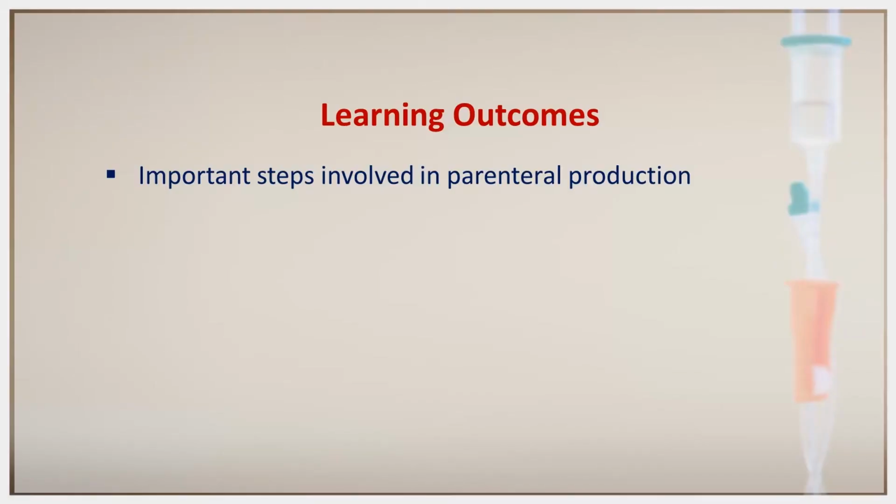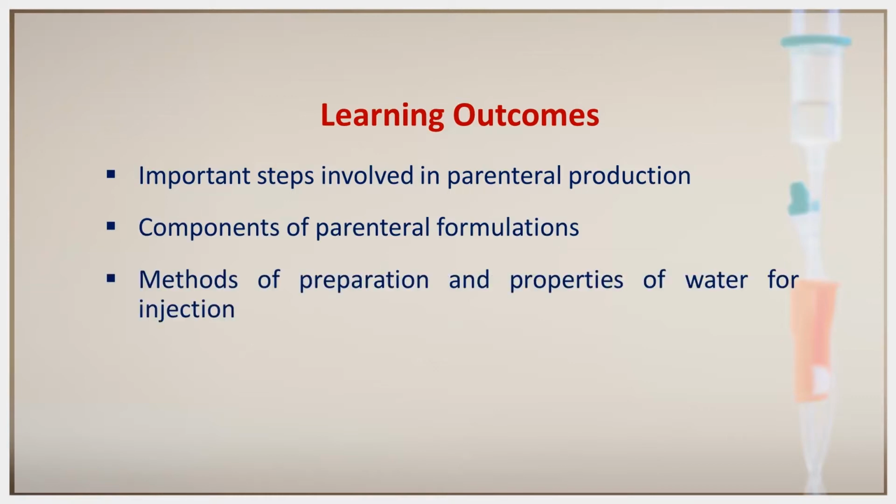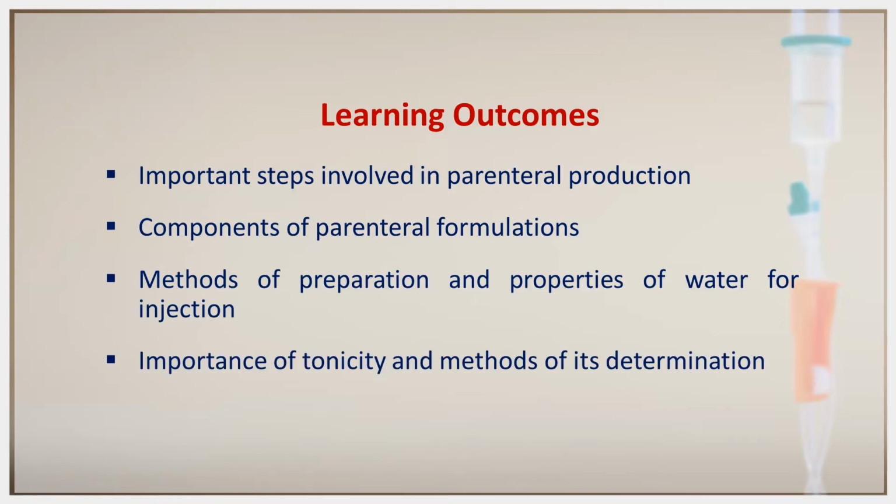After completing this module, you will be able to understand important steps involved in parenteral production, components of parenteral formulation, methods of preparation and properties of water for injection, and the importance of tonicity and methods of its determination.